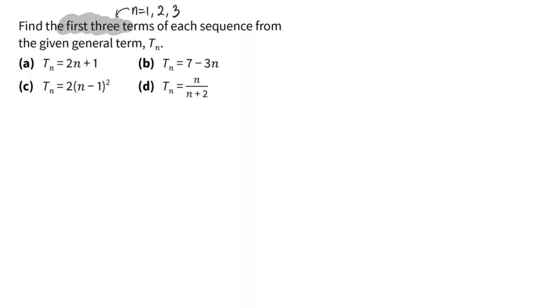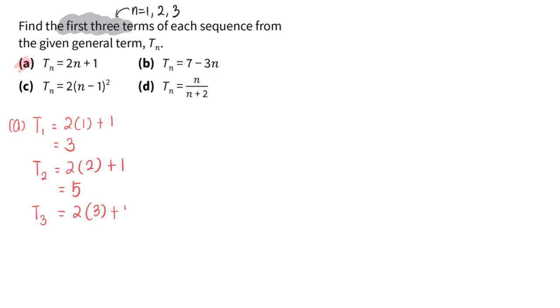So all we have to do is therefore to substitute n as 1. So this will be 2 times 1 plus 1. This will give me 3. This means I substitute the n with 2. This will give me 5. And I'm going to substitute n as 3. This will give me 7.